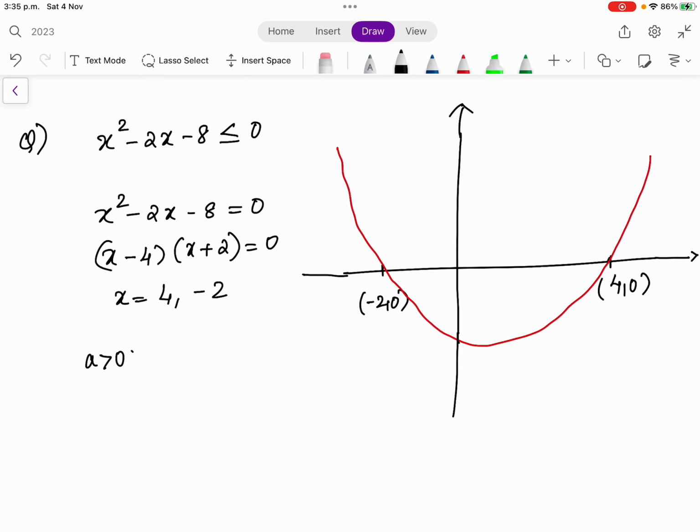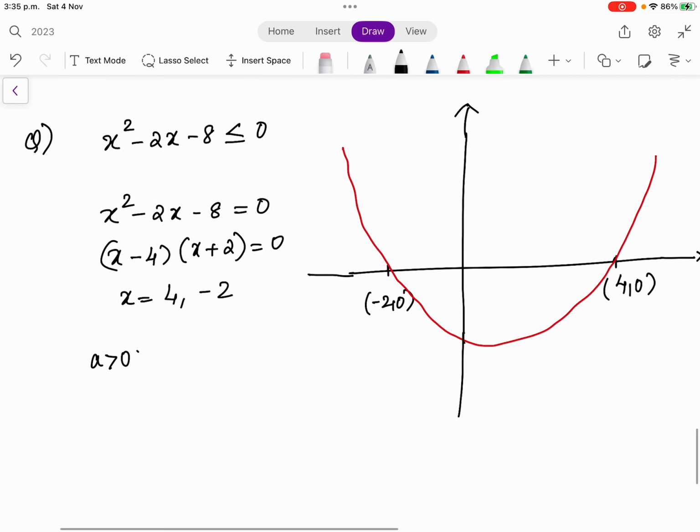Now the inequality says x² − 2x − 8 is less than or equal to 0. So you should see whether the graph is above the x-axis or below the x-axis. Here I'm taking this area, the graph is this one.